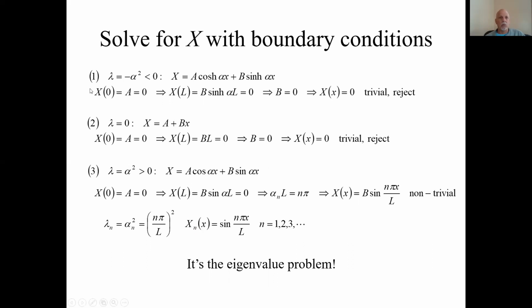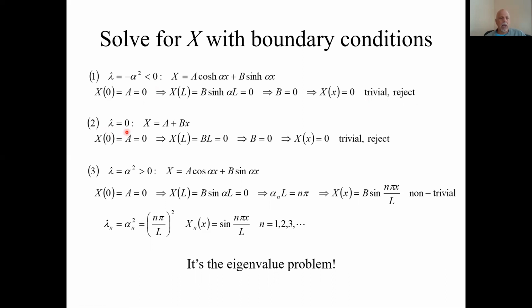We're not going to resolve it every single time we encounter it. In fact, we've already encountered it before, but we'll go through it again here. So for the negative lambdas, we reject the cases because they're all trivial solutions of 0.